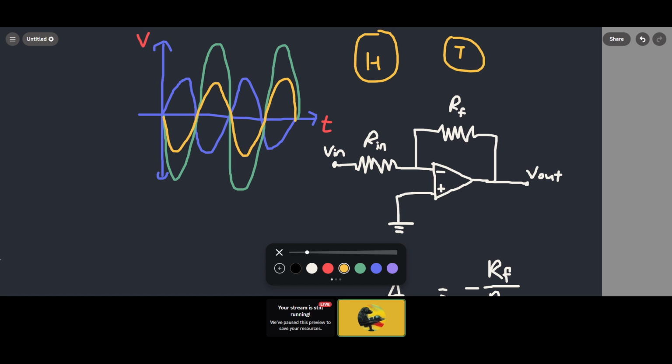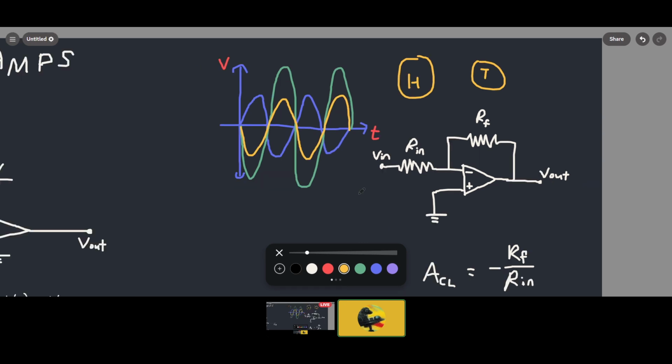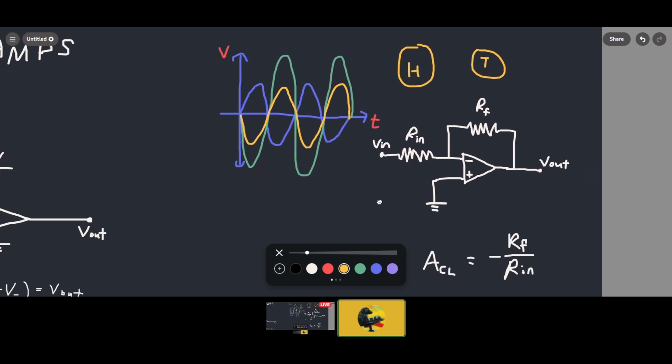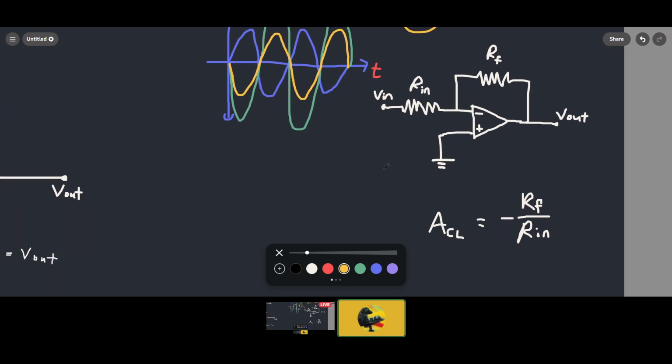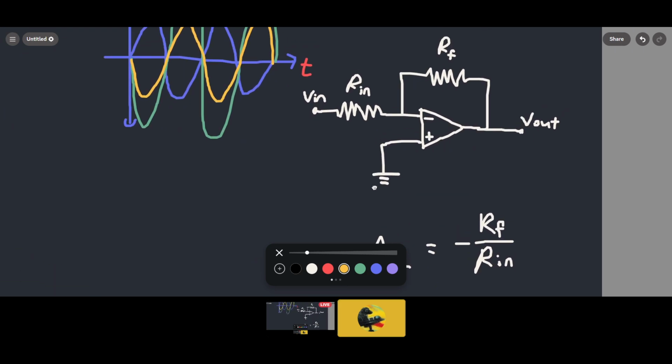Okay. So how exactly do we calculate the gain? You know what I mean? Because we don't have a lot to go from here. But I'll go through that in a practice question. So for now, just accept that it works. Yeah. And this is the gain.